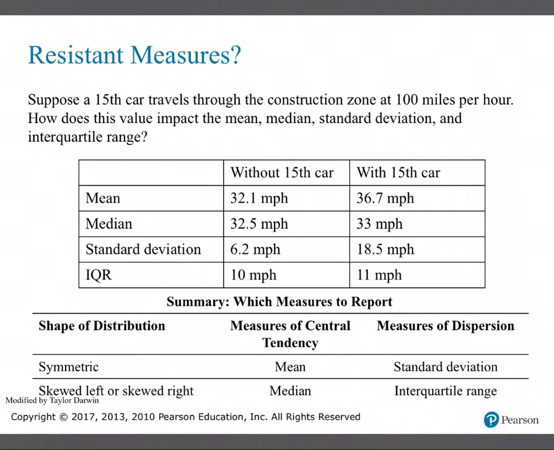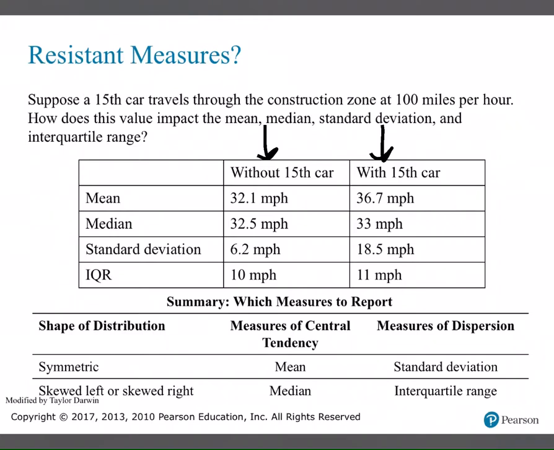Okay, so if you want to talk about resistance measure again, suppose we had a 15th car travel through the construction zone at 100 miles per hour, very fast. How does this impact the mean, median, standard deviation, and interquartile range? So here's without it, all the data that we computed, and here's with. Let's see, the mean changed, right, from 32 to 36.